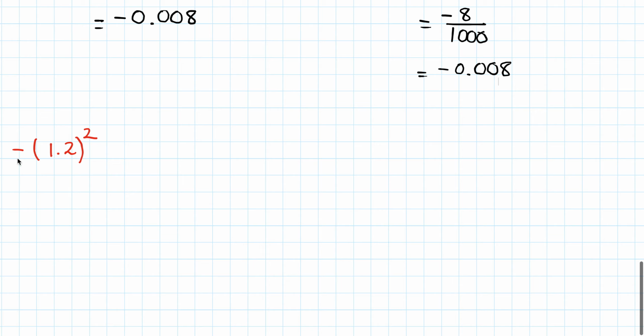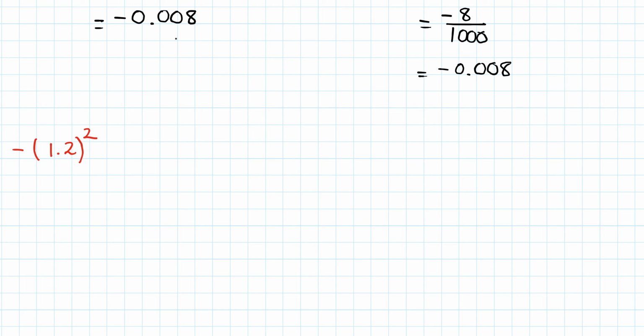Okay, so this one. Be careful. This one has the negative outside of the brackets. And remember, when we're doing BIDMAS, we do brackets first, then indices. Agree? So this is like having a negative 1 times this. Okay, be very careful with that. So I'm first solving the brackets.